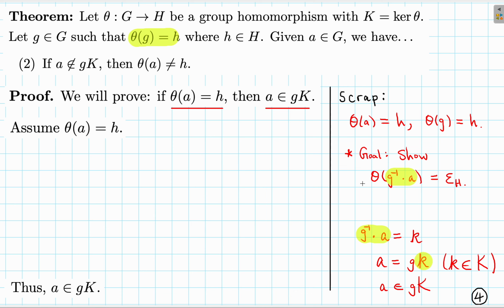Well, theta of g inverse times A, by the property of homomorphism, is the same as theta of g inverse times theta of A. But theta of g is h, so its inverse is just h inverse, and theta of A is h, and that's equal to the identity element of the codomain, and therefore we're in business.